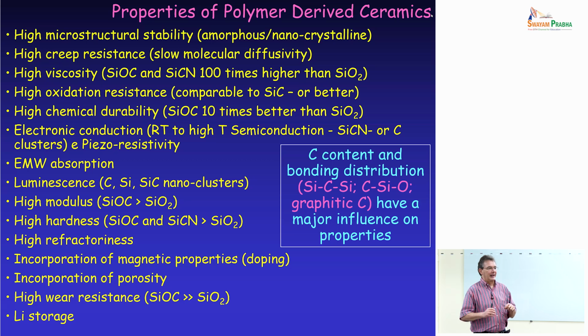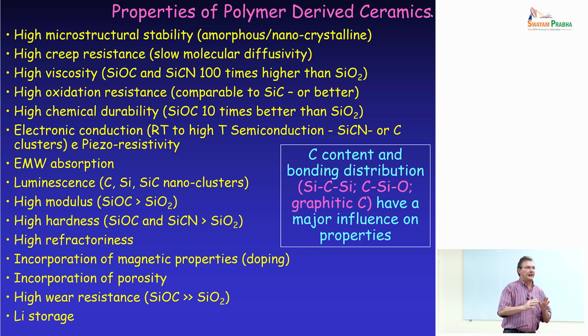So if you have a glass where you have a silicon-carbon-silicon bond, then carbon needs to link to other silicon atoms. And this leads to a stronger network, which reflects into higher mechanical properties, for instance, elastic modulus.